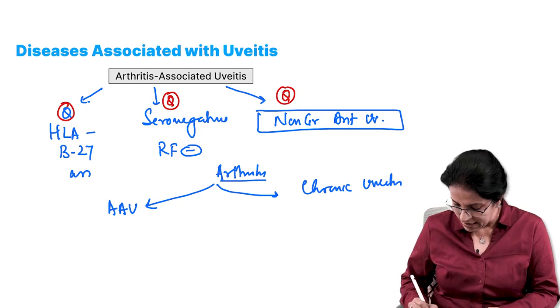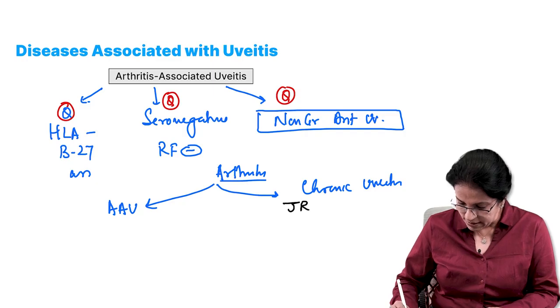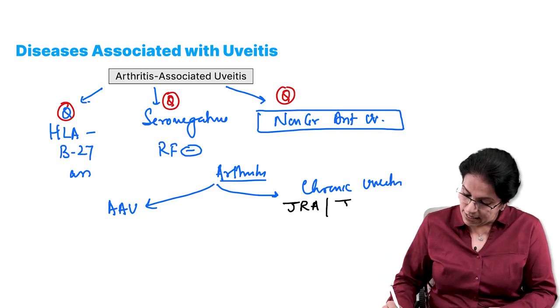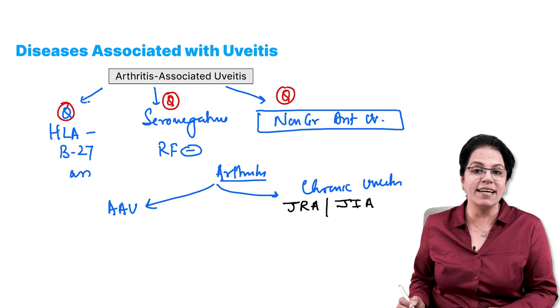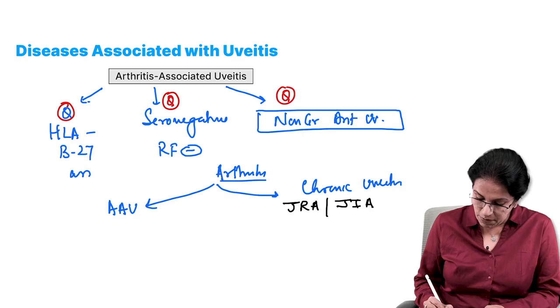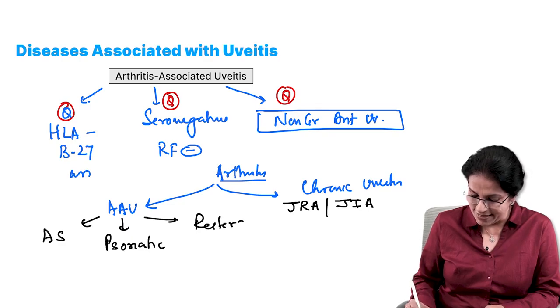That is, very important all of you, juvenile rheumatoid arthritis, or its new name, juvenile idiopathic arthritis. Understood? And the second, of course, when you talk about anterior uveitis, we will be talking about ankylosing spondylitis, psoriatic arthritis, or Reiter's syndrome. So, first of all, just know this list.